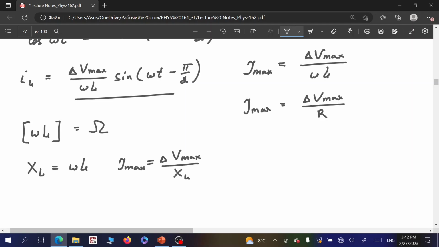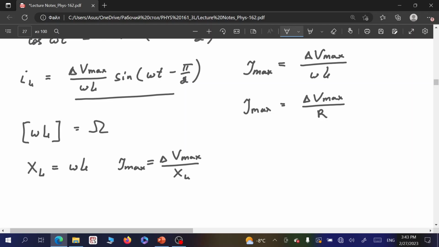Then we considered AC electric circuit with inductor, and have shown that the current always lags behind voltage in inductor. Again, we're talking about instantaneous magnitudes.